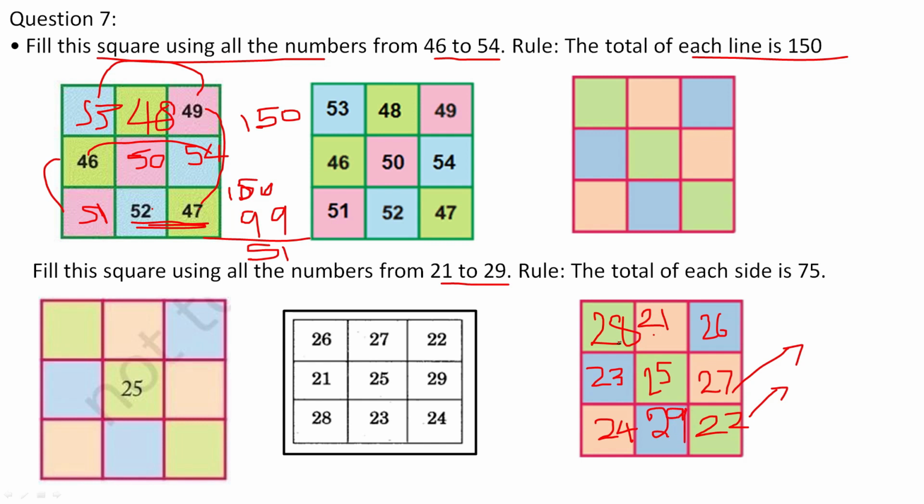Now if you add the first row, you will get 75. 6 plus 1 is 7, 7 plus 8 is 15, 5 and 1 carry, 2 plus 2, 6 plus 2, 7 plus 6 plus 1, 75. If you add it diagonally also, it is 75. This row if you add, it will become 75.